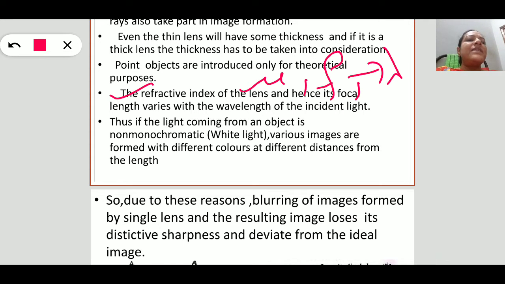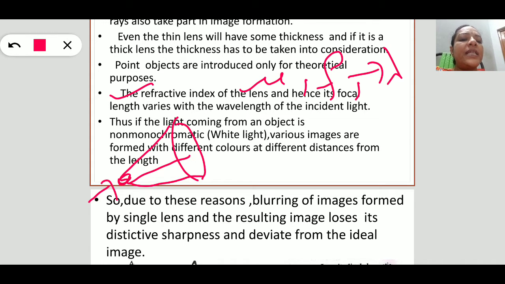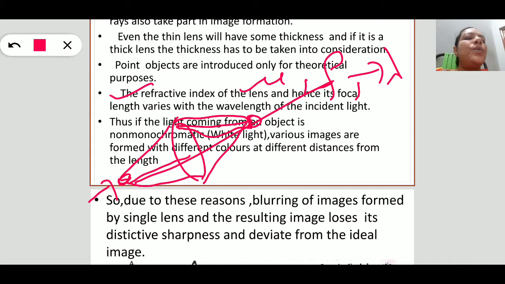Thus, if light coming from an object is non-monochromatic, meaning white light, let's suppose this is a lens system and this is the object. If this object is illuminated with white light, what happens? The image, along the principal axis, is a group of various colors, because white light splits into its 7 constituent colors.